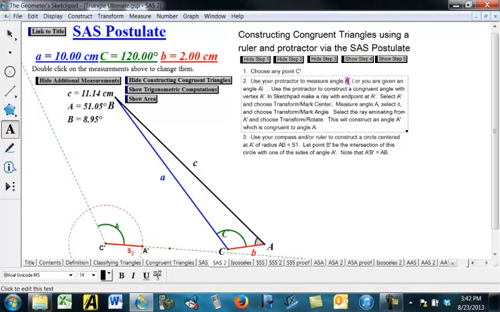And we're going to measure angle C, or we're given angle C. So C prime is there, and the ray with the endpoint at C prime. And this tells us how to do it in Sketchpad. We pick that and choose transform mark center. We want to measure angle C right here.